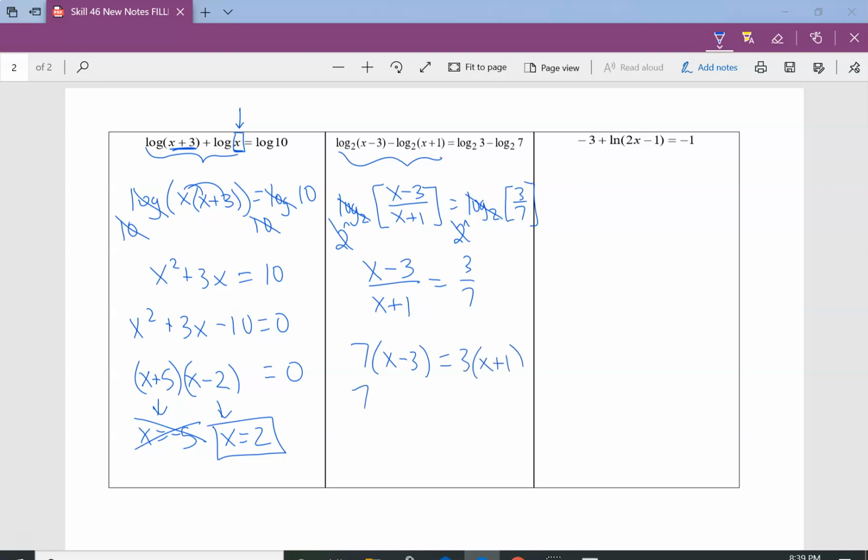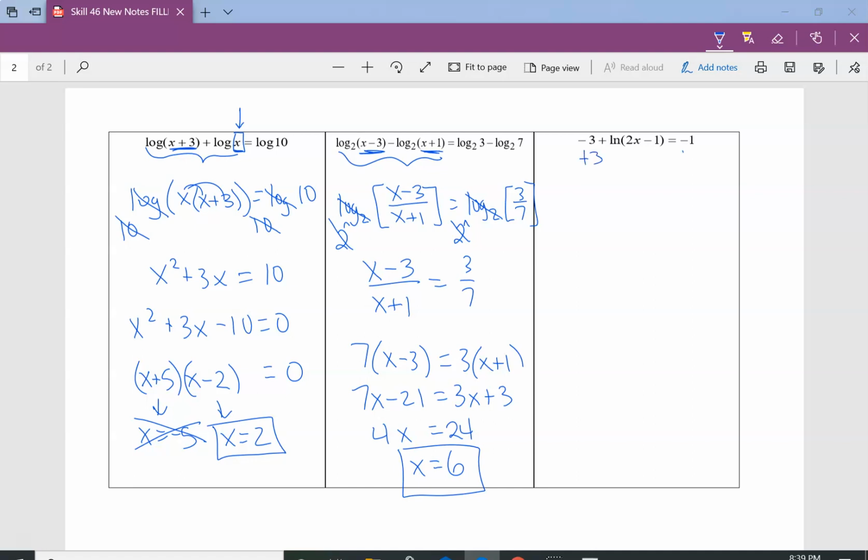I solve this equation. Let's see, 4x equals, let's see, add 21 to 3, 24, so x equals 6. Checking my logs here, if I plug in 6 for those, that works out, so I'm good.